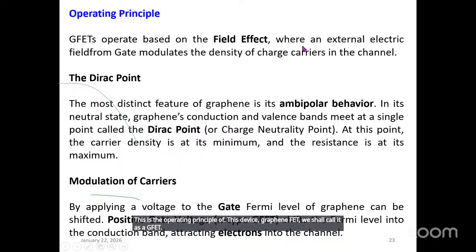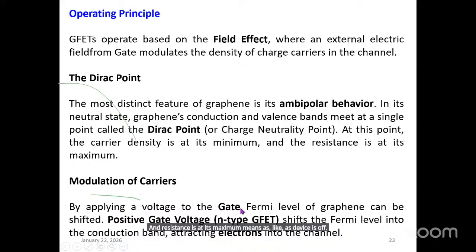It operates based on the field effect, where the external electric field from the gate modulates the density of charge carriers in the channel. The Dirac point, as we discussed, the most distinct feature of graphene is its ambipolar behavior. In its natural state, graphene's conduction and valence bands meet at a single point called the Dirac point. At this point, the current density is at its minimum and resistance is at its maximum, as if the device is off.